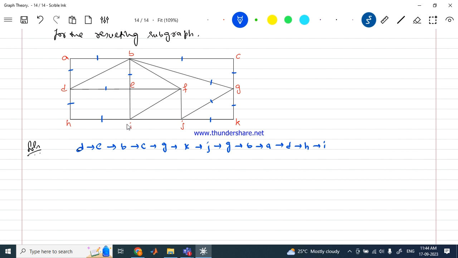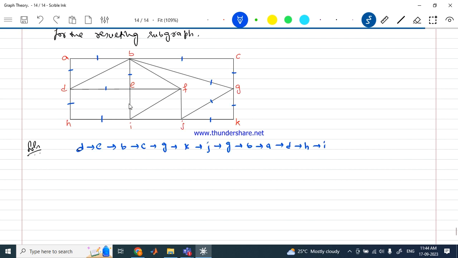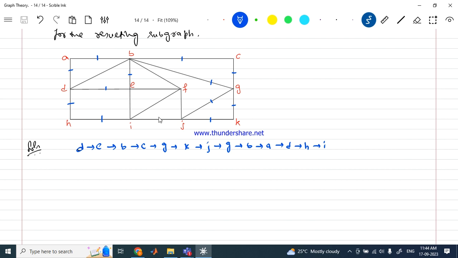Now from I I can move like this, or like this, or like this. Which one? Let me go in this way. I to J. Now J to F. Now F to I. Now I to E. Now E to F. Next, this is used.